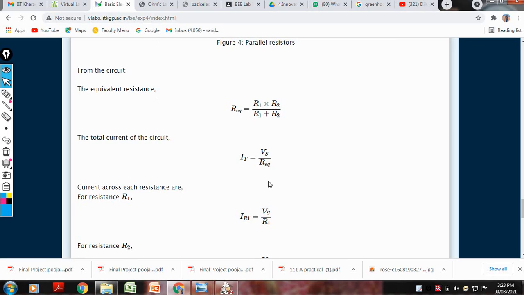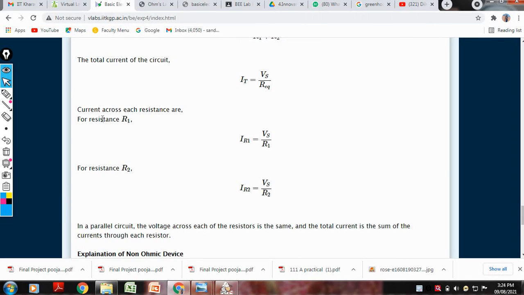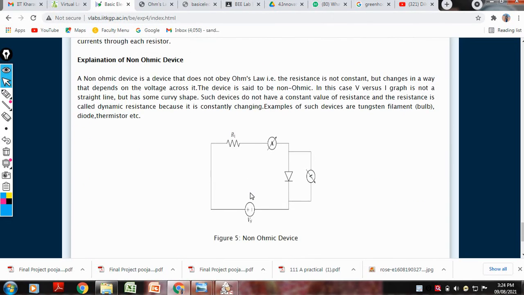Then IT is equal to Vs by R equivalent. Now this is the total current. Then we need the current across resistance R1, IR1 is equal to Vs by R1. Then the current across resistance R2 is IR2 is equal to Vs by R2. Now this is the important concept here.